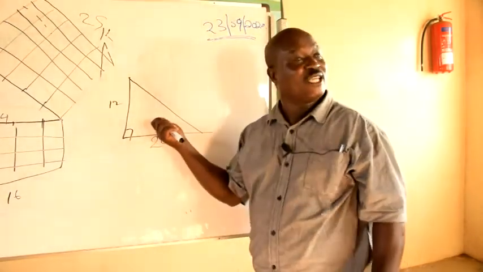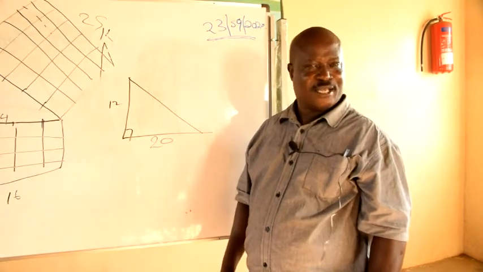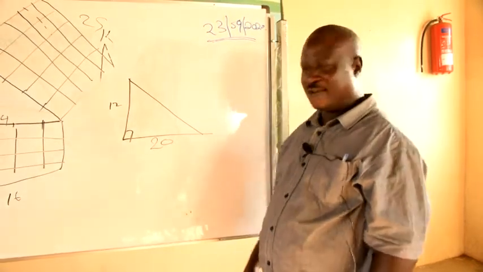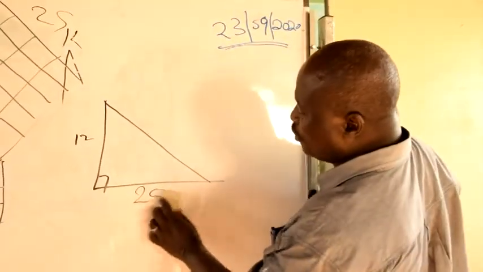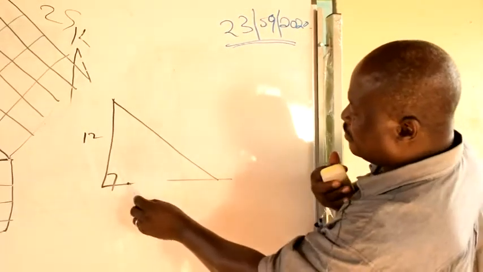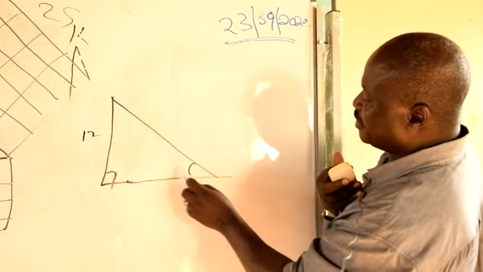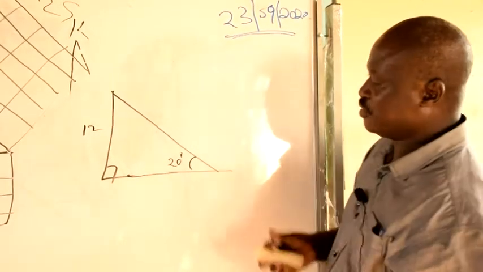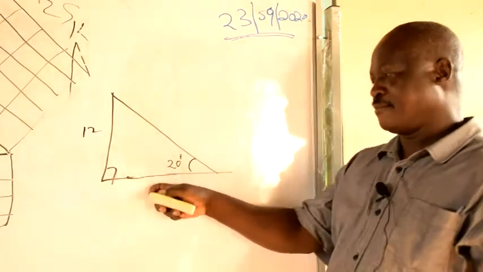But what we were doing was as far as primary school mathematics is concerned. So let us move to secondary level. If you are given this problem, for example, this is 12 units, and this one is 20 degrees.